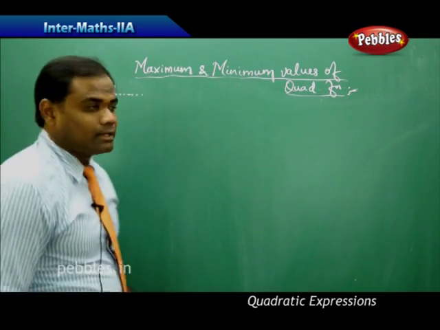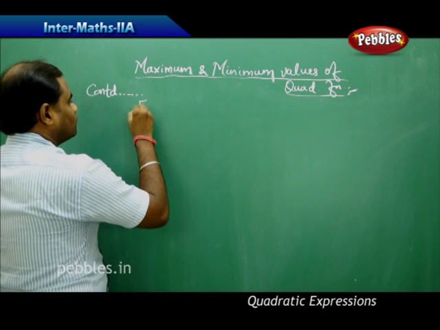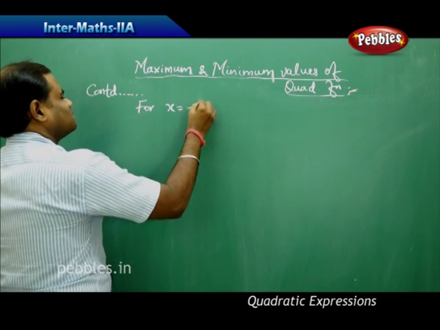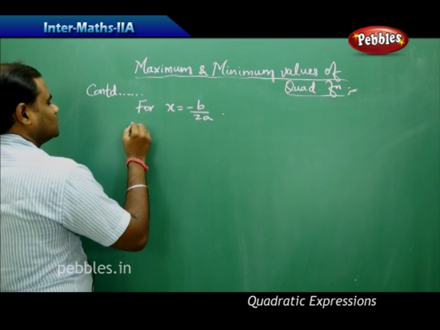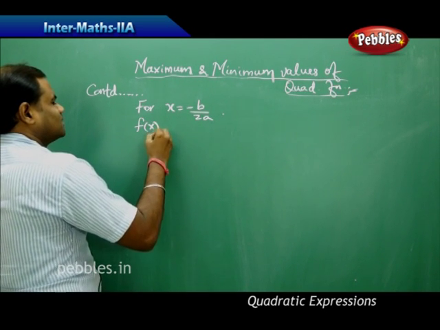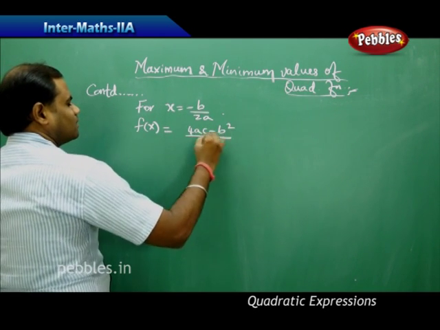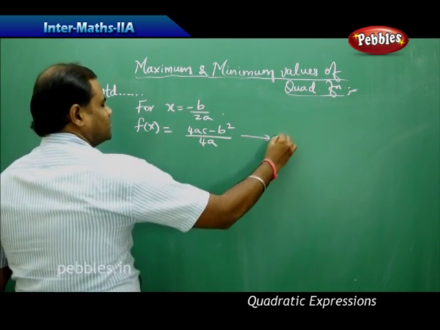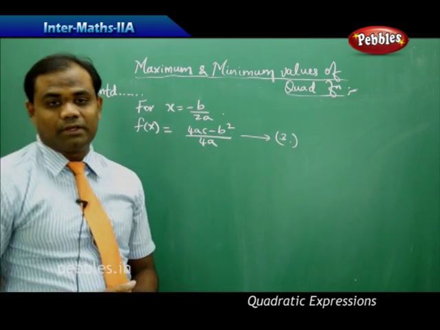Now let's take x equal to minus b by 2a. For x equals minus b by 2a, substituting in 1, I get f of x is 4ac minus b squared by 4a, which I get through substitution of x equal to minus b by 2a in equation 1.